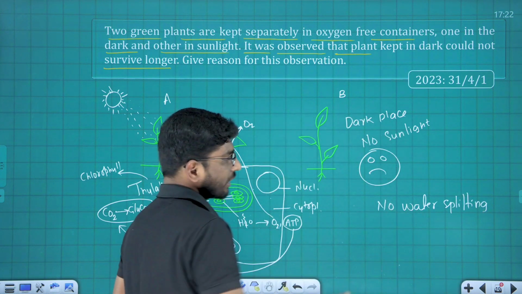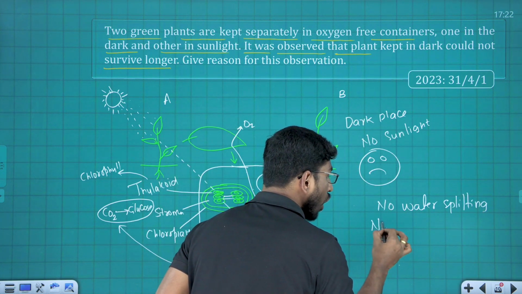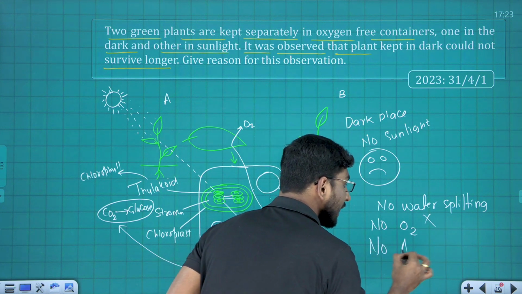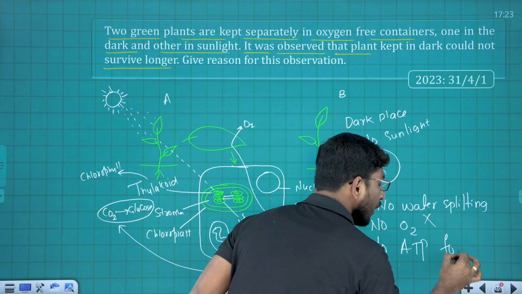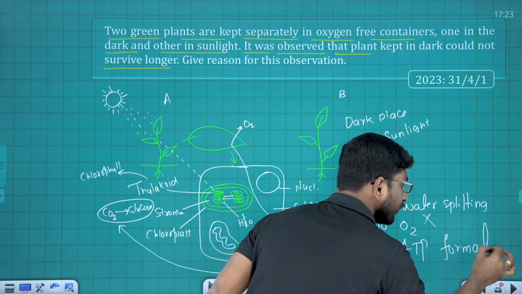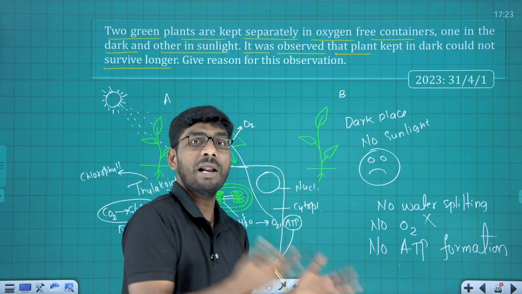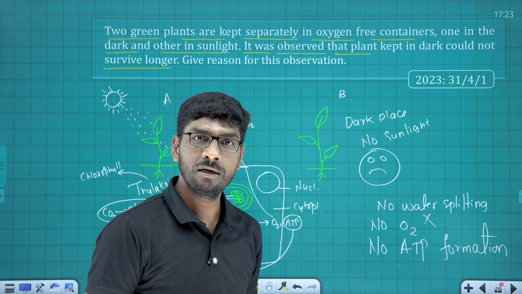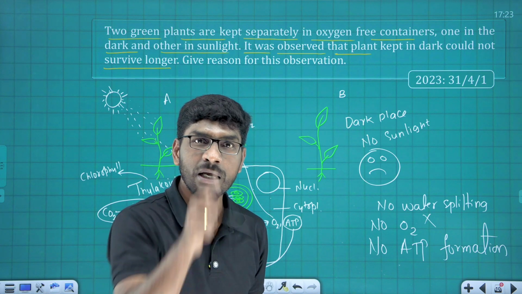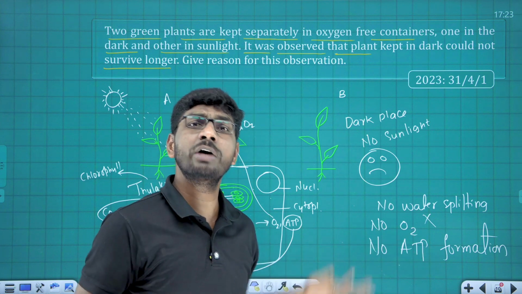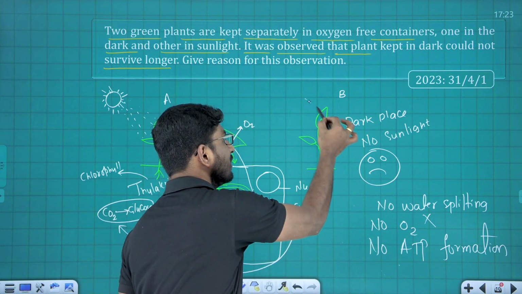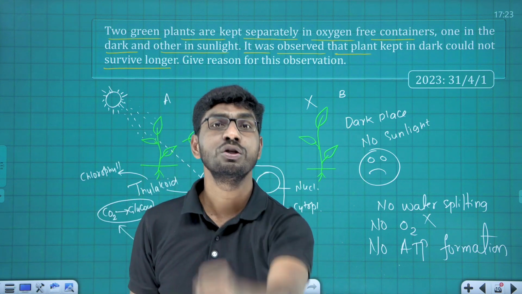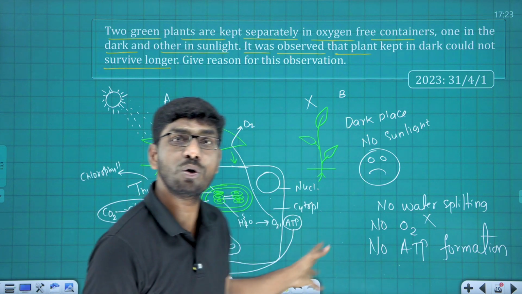When there is no water splitting, there is no oxygen release and no ATP formation. When there is no ATP formation, how can the plant produce glucose? Because for the formation of glucose, ATP is required, right? Are you with me? So this plant died. That means you can easily understand the importance of solar energy, sunlight, for photosynthesis.